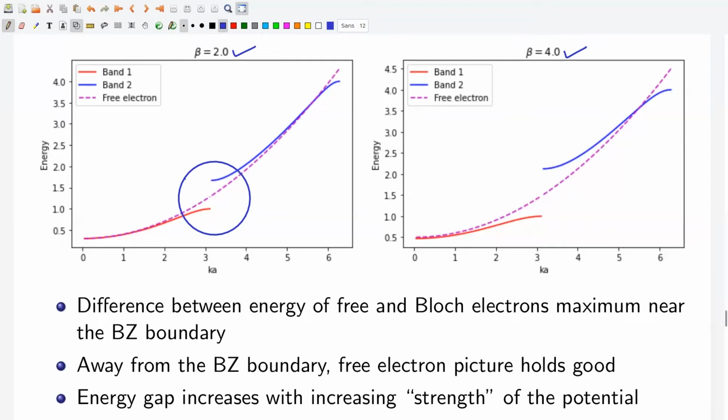Away from the Brillouin zone boundary, free electron picture holds good. We also notice that energy gap increases with increasing strength of the potential. For example, for beta equal to 2, this is the energy gap, and for beta equal to 4, the energy gap is much larger than for beta equal to 2.